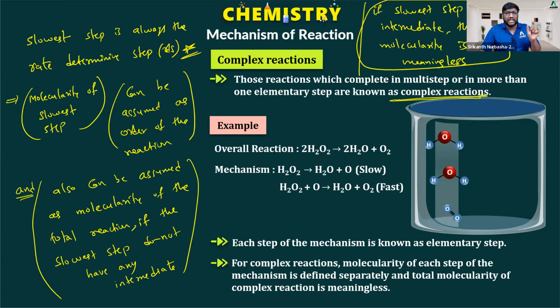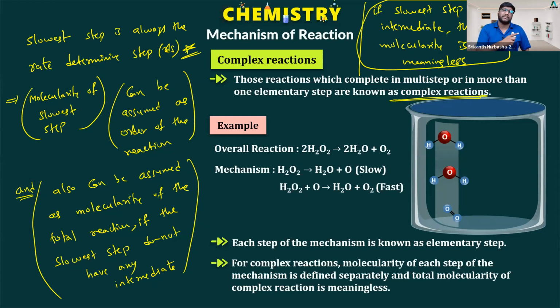The molecularity of the rate determining step, you can find out from the number of reactant species in that step. Molecularity of the slowest step is the total order of the reaction. That can also be equal to the molecularity of the total reaction, but in the slowest step, there should not be any intermediate.